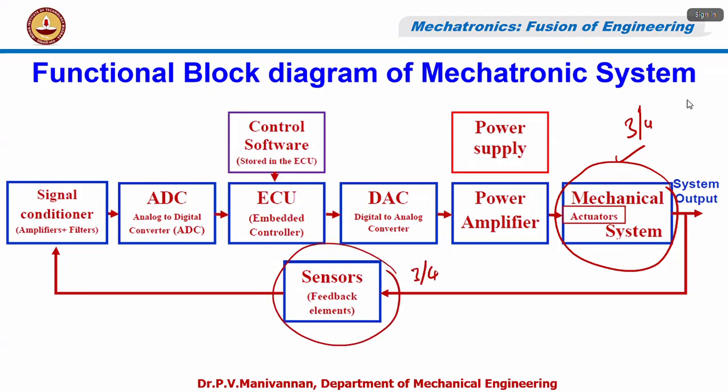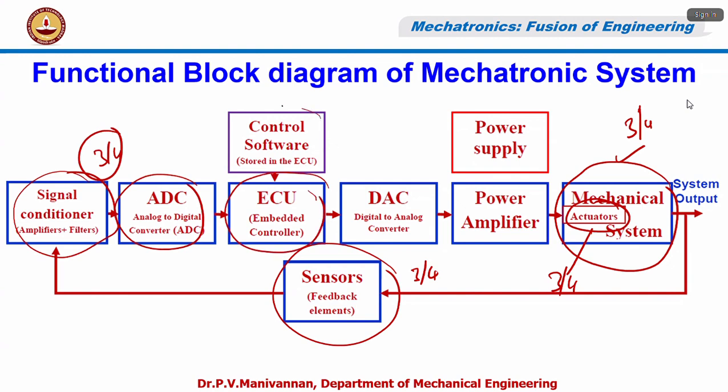Then we will talk about actuators, at least 3 to 4 classes. Then we will talk about amplifiers and signal conditioners, ADC, DAC, 3 to 4 classes. Then we talk about embedded controllers and the control software, how it works, 3 to 4 classes. So I wanted to complete mechanical modeling, sensors and signal conditioners before the midsem.